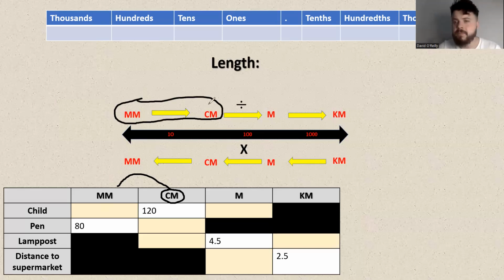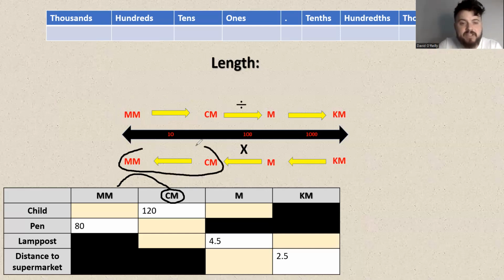No, that's not the one, because this one says mm to cm, the arrow is pointing towards cm. We want to go from cm to mm. So we want cm with an arrow pointing to mm. And if you look beneath that, it's there. Centimeters to millimeters. I'm looking at this bottom section here.